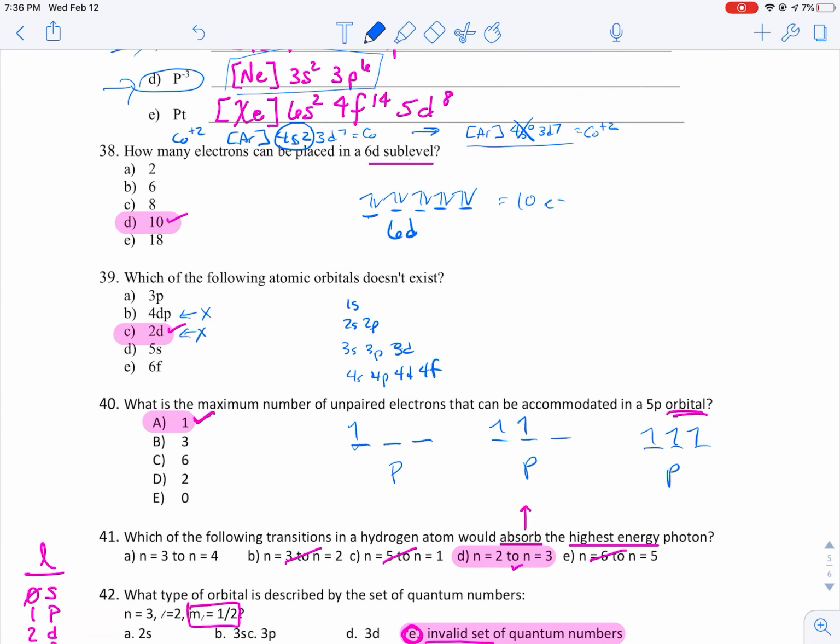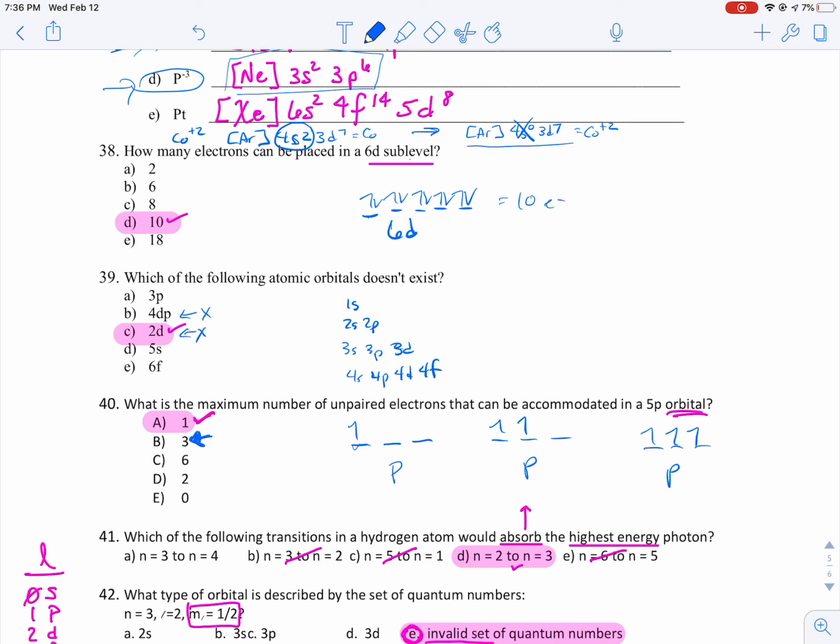And then once you go back, you're going to be pairing those guys back up. I know the answer choice is marked as A, but I guess I'll have to add an addendum if I can figure out why this says 3 right there. That's what I would say, that the maximum number of unpaired electrons in a 5p orbital would be 3.